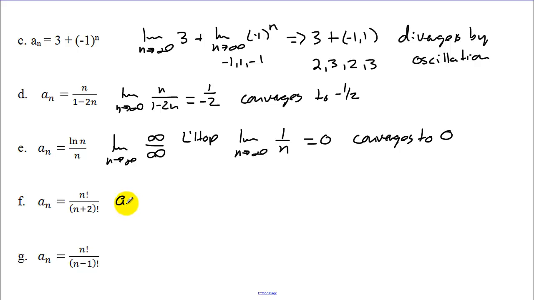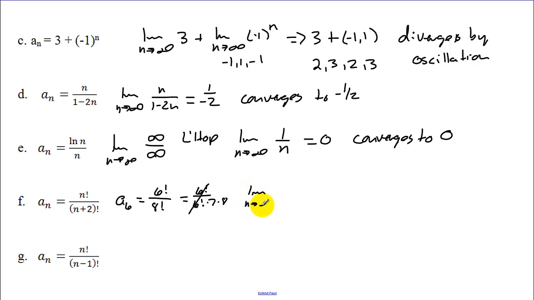In letter F, let's look at a specific example to figure this one out. If we had a sub 6, that would be equal to 6 factorial over 8 factorial, which we could write as 6 factorial on top over 6 factorial times 7 and then times 8. And the 6 factorials would cancel out. Let's look at that with just n's.